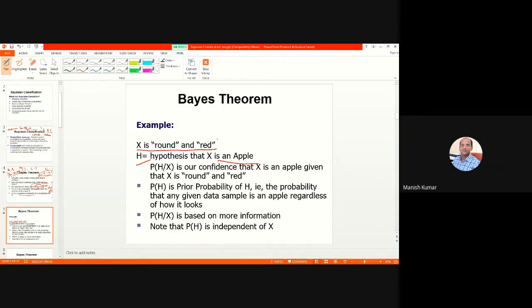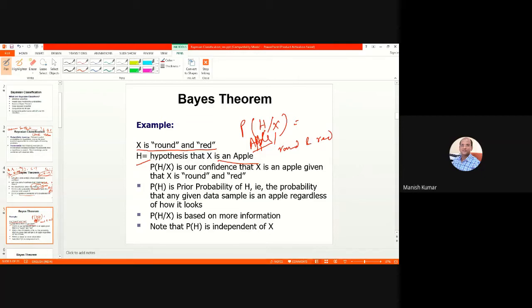So if I say P(H|X), that means given the object is round and red, what is the probability that it will be an apple? This is my task. So P(H|X) is our confidence that X is an apple given that X is round and red. Okay, so this is what we are looking for.